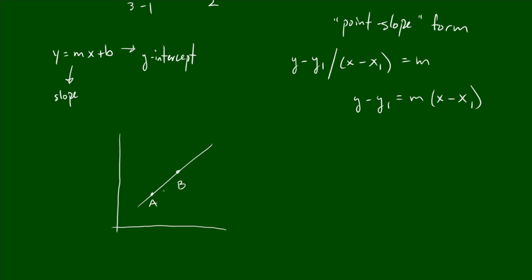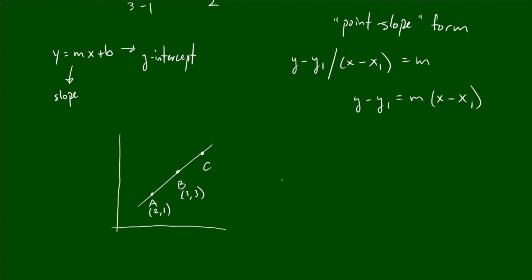And let's say you're asked to find the slope between A and B. Well, let's say you know another point, and let's say you know what the coordinates of C are. The slope from A to C is going to be exactly the same as the slope from A to B, because they're all on the same line. All the points are on the same line, and since it's a straight line, it's going to have one slope. It's not changing in direction anytime soon.